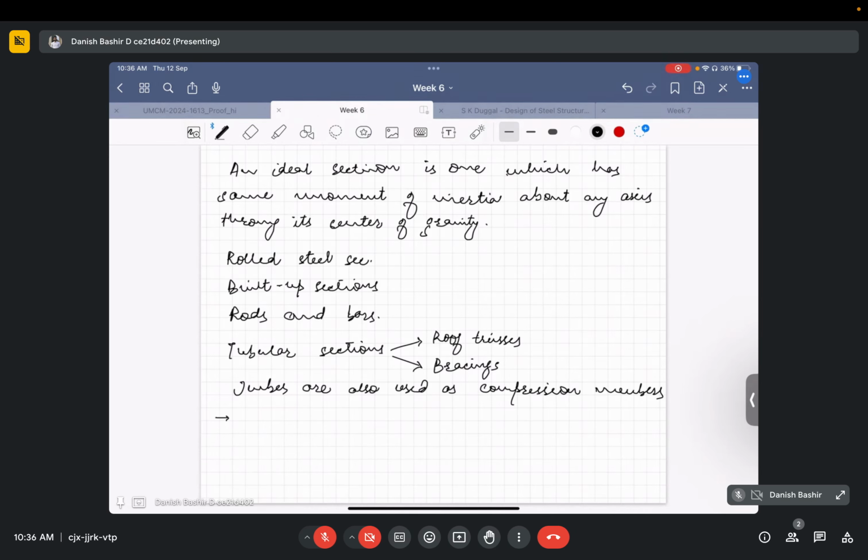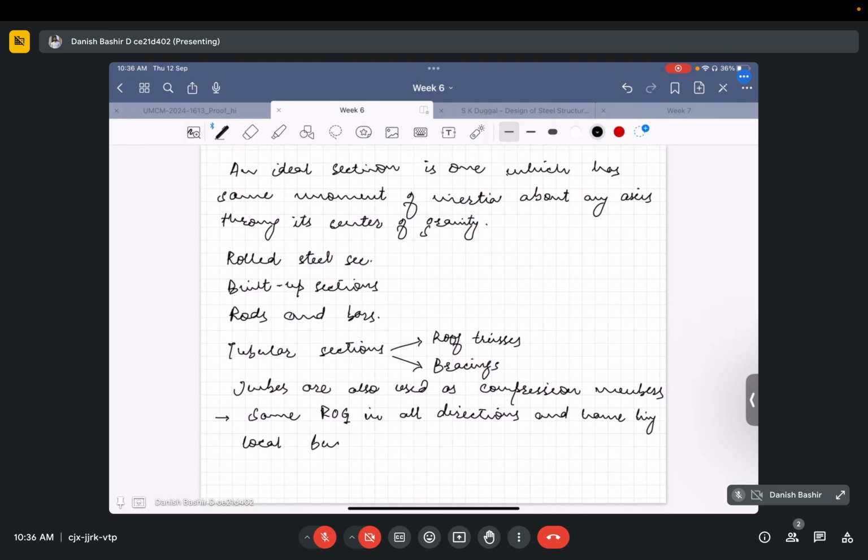First, tubes have the same radius of gyration in all directions and a high local buckling strength.